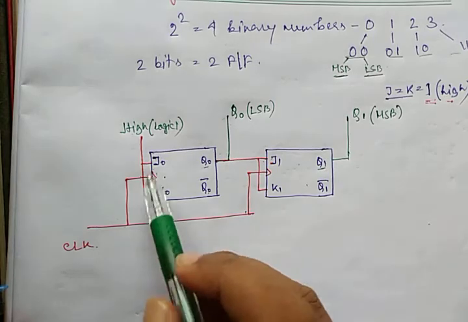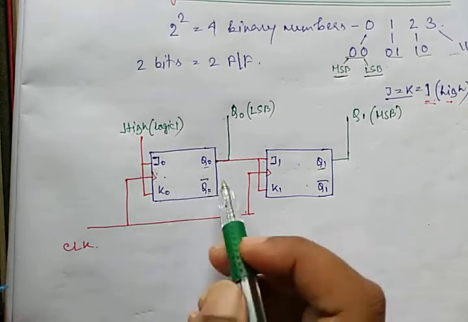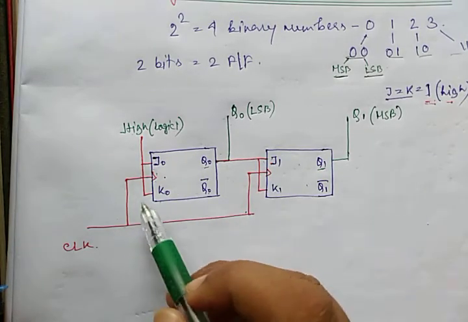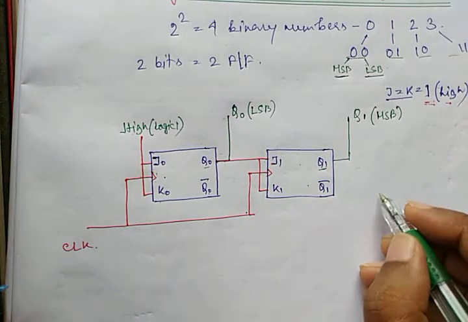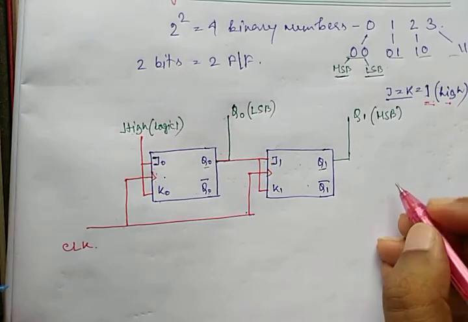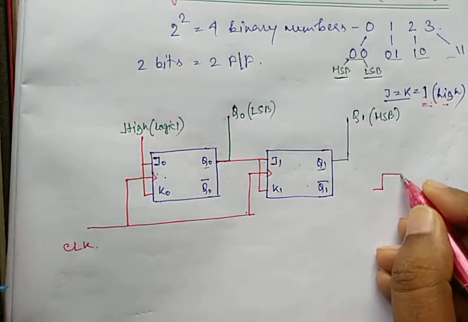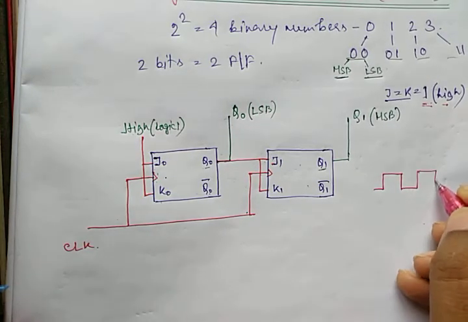Now let us explain the logic of how these flip-flops get activated during each clock pulse and how we get the output signal. Suppose this is the clock.